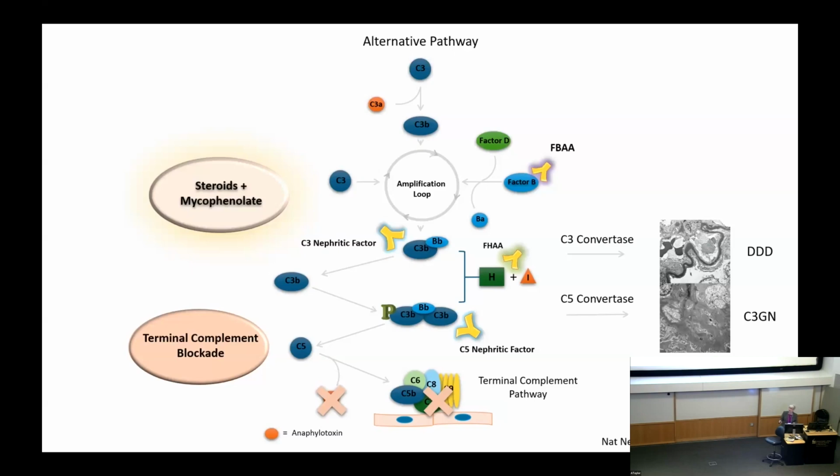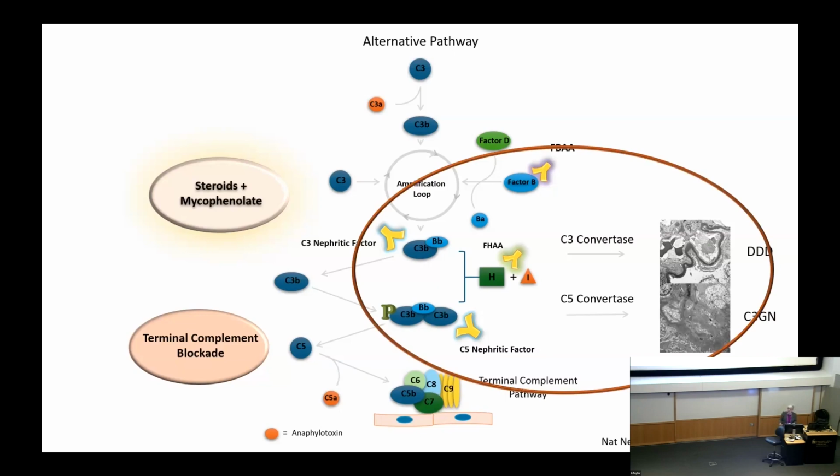The problem for us in that particular circumstance is we don't know which patient the terminal pathway is driving disease, because as Richard has shared with you, the vast majority of this disease appears to be at the amplification loop, at the level of the alternative pathway, not the terminal pathway, the alternative pathway. So where we see the convertases, where we see those nephritic factors being active, where we see all of those problems happening, if you will. So that is at least our theory about why our current approaches are not as good as we would like them to be.